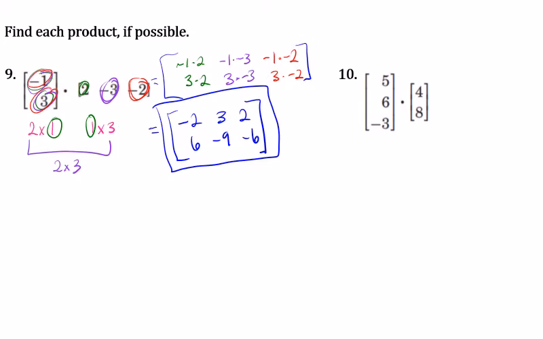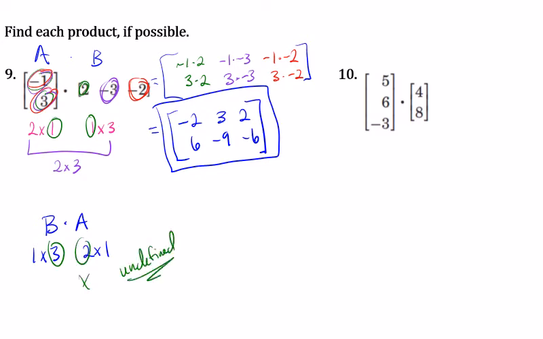If I were to multiply this matrix A by matrix B, just like we did, we ended up with a 2 by 3, right? If I were to do B times A, it would be a 1 by 3 multiplied by a 2 by 1. And that can't even happen, right? Because these don't match up. So this would be undefined.